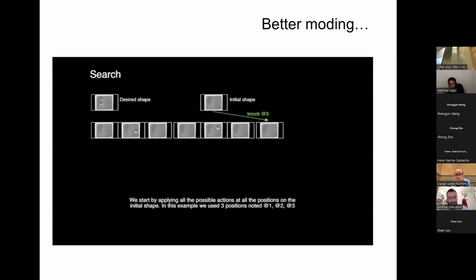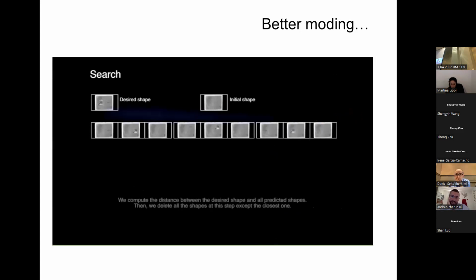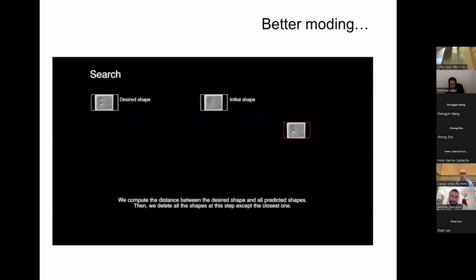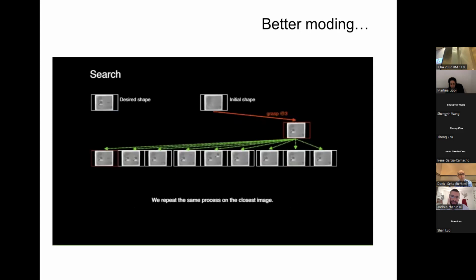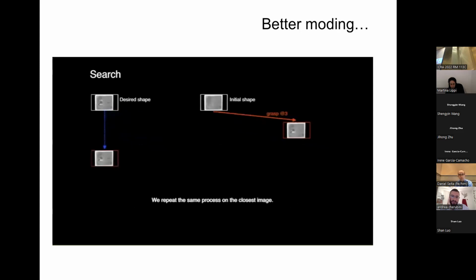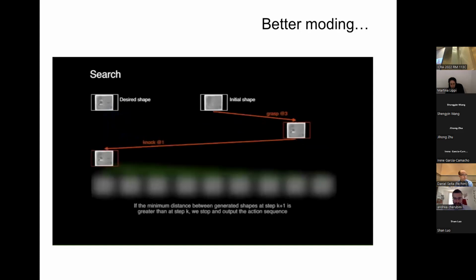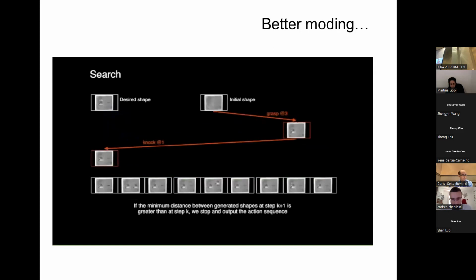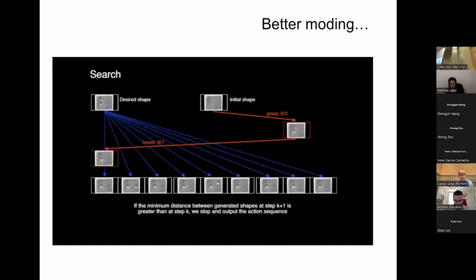Then we want to realize the desired shape, which you see on the top left here. And for this, we do a very simple path planning through a tree of possibilities. So we simply deploy the tree from each image to all possible following images, given all the possible actions.